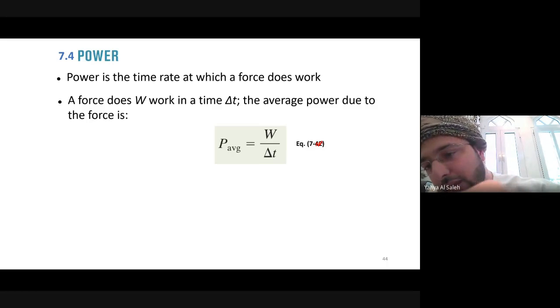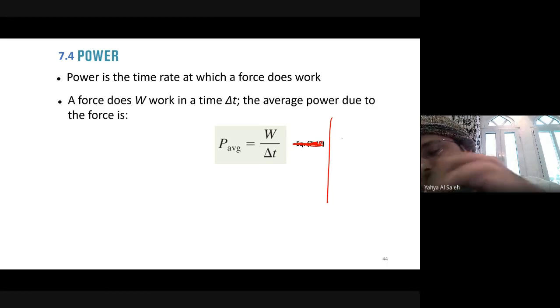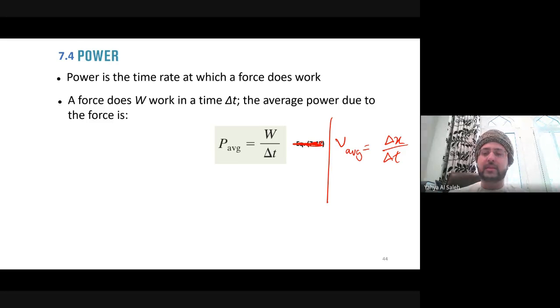Now you might remember this, looks very, very similar to this. Remember this from chapter 3? These look exactly the same.